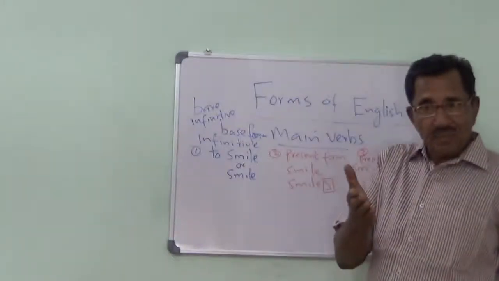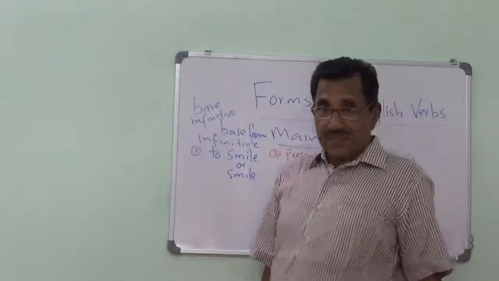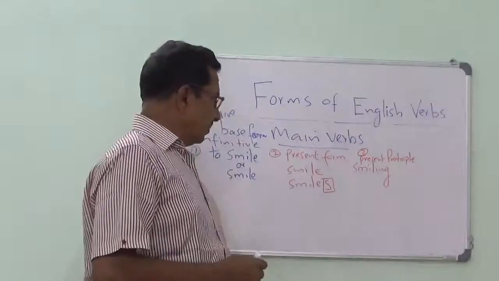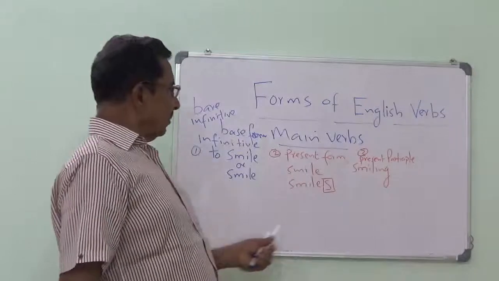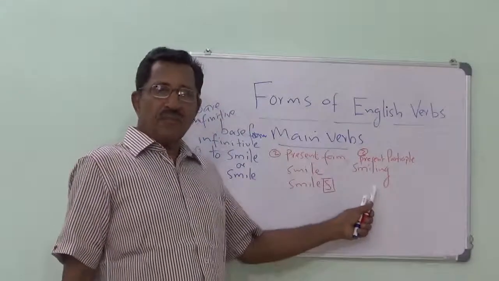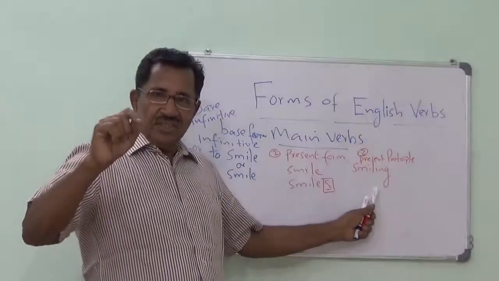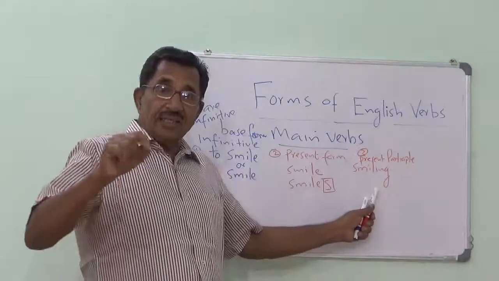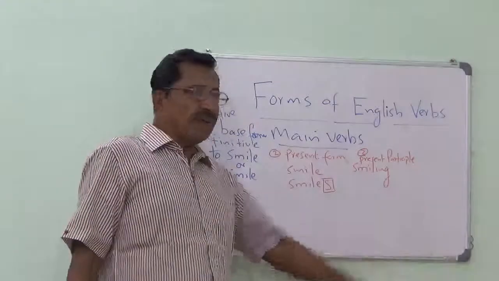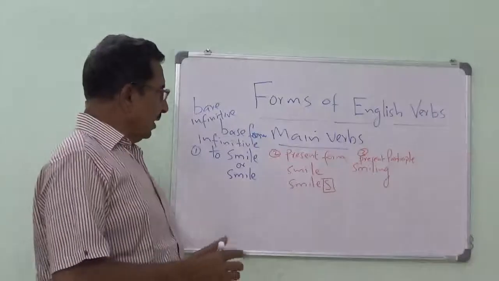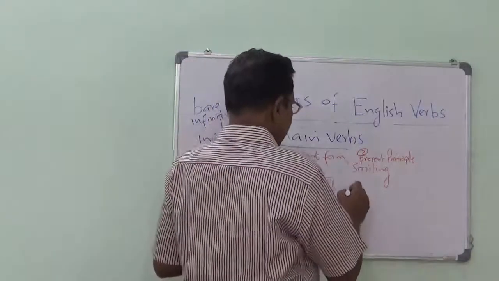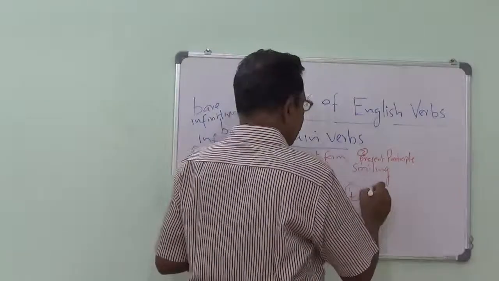That is the simple present form. Present tense you are using that. And immediately after that you have another present form ending in ing. It's called ing form or present participle. Another, fourth one is, as you can see, smiled.